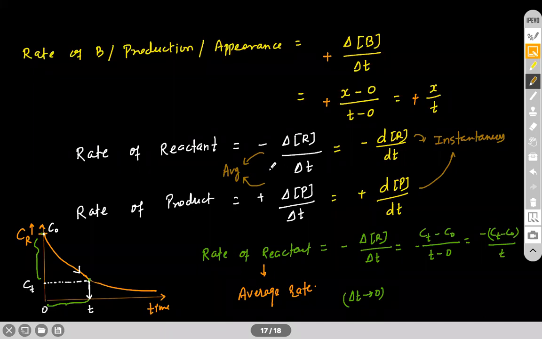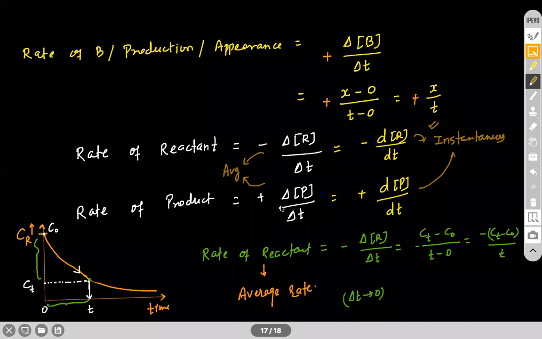Mostly for derivation and formula, we'll use the instantaneous expression. Is it clear? Instantaneous and average rate. Instantaneous is defined for one specific point. Average is defined over a period of time. 0 to t is average, and at a single point, it is instantaneous.